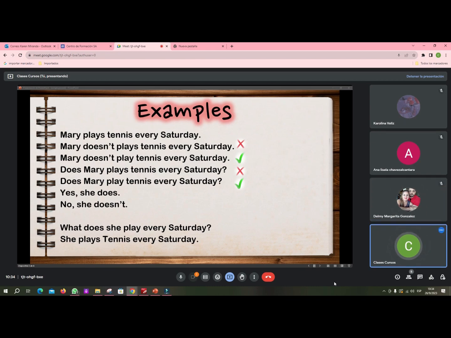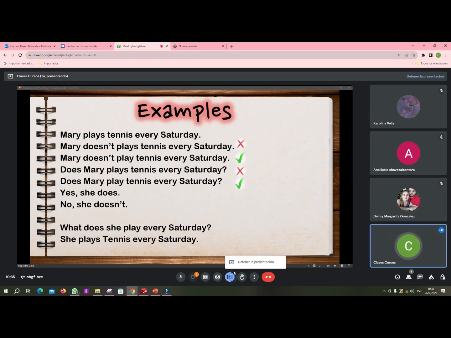Okay, perfect. Carolina? No. Ok, Miss Ana, ¿hay preguntas sobre el presente simple? Tercera persona singular. Because she's not here, right?